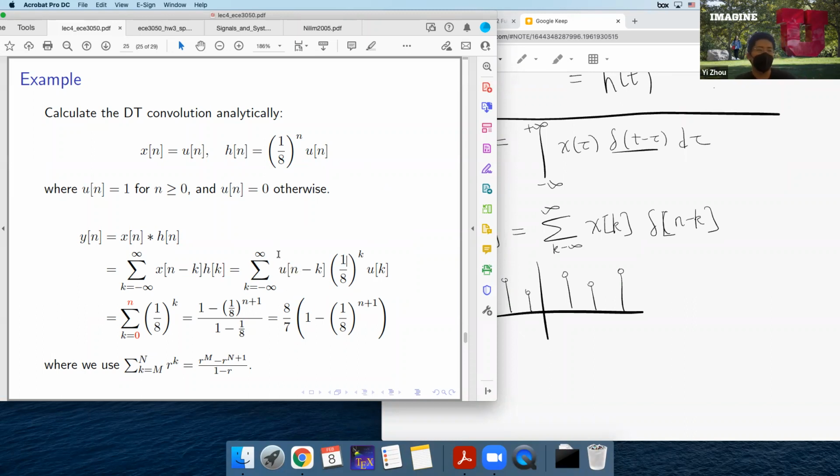So basically, we can absorb this product of two unit step signals into the summation by restricting the range of the summation to be within 0 to n only. So now we are looking at the summation between 0 and n of 1 over 8 to the power of k.